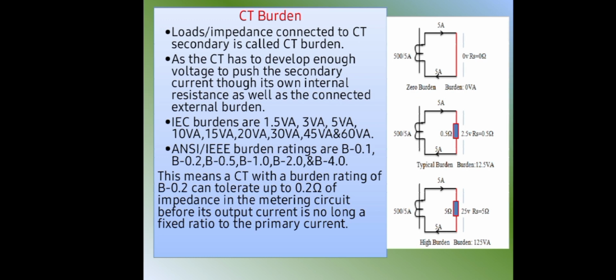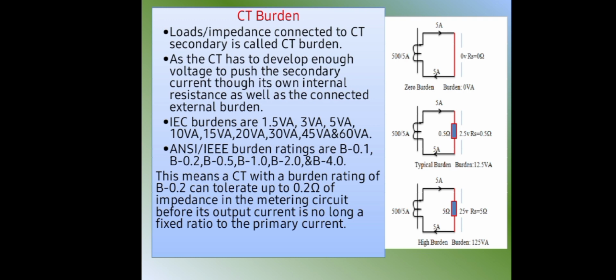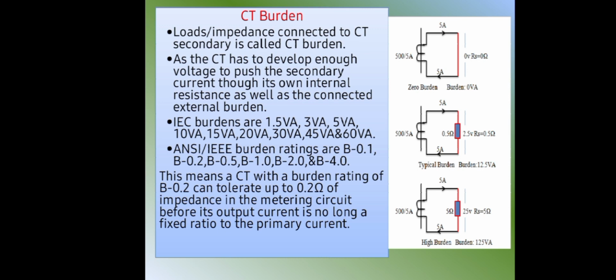At the same CT ratio, with a 0.5 ohm resistance connected across the terminal of the CT secondary, 5 ampere will flow and produce 2.5 volts, and this results in a 12.5 VA burden. If the load across the secondary terminal of the CT increases to 5 ohm, then the burden also increases to 125 VA.